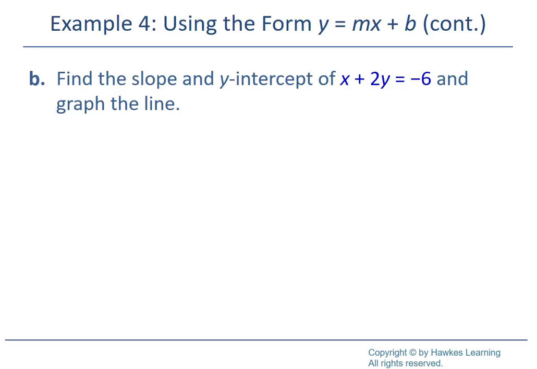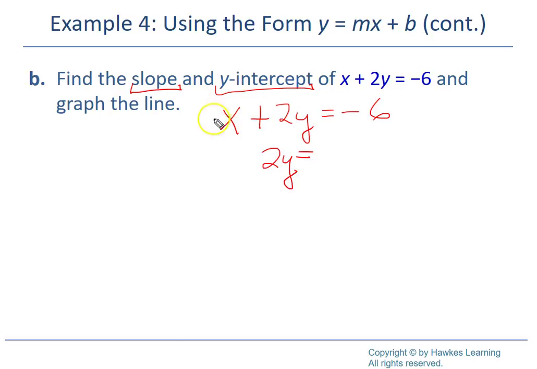Okay, now what they're doing is giving you another equation in standard form, and I'll write it out here for you. Plus 2y equals a negative 6. And they want you to identify the slope and the y-intercept. Well, again, the key is solve it for y. So on this side, I'm going to have 2y.